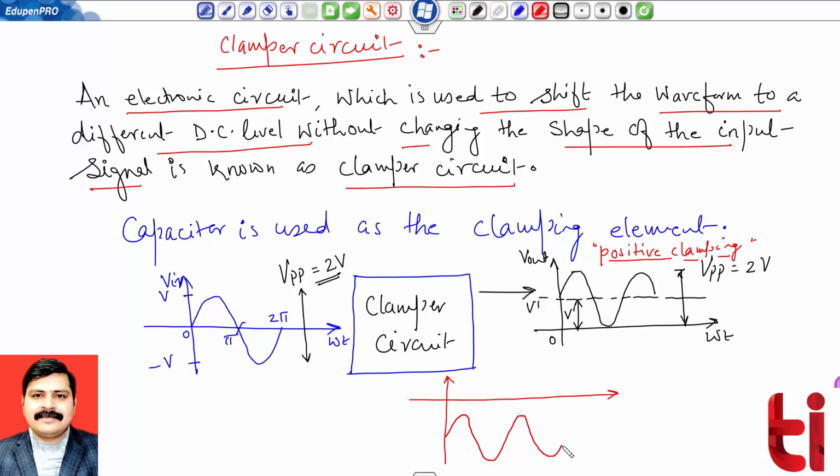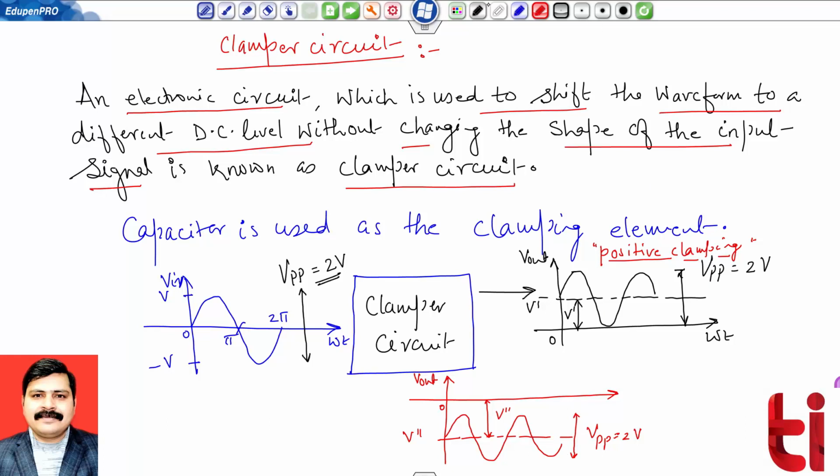However, the second option: if my signal is shifted to this side, still the VPP is twice V. Suppose I am referring to this signal as V double dash, so you can check the signal is shifted to this particular level, which is my V double dash. This is my second outcome, where the signal is shifted below the reference line.